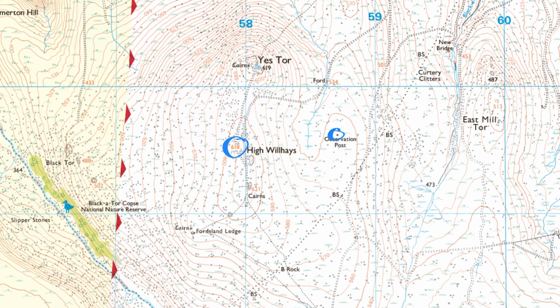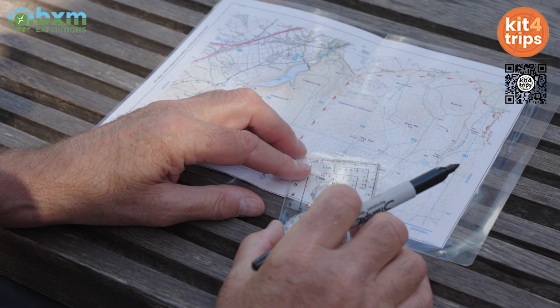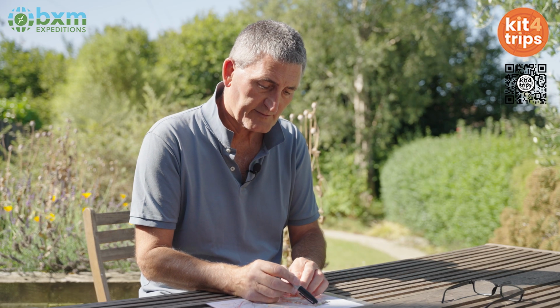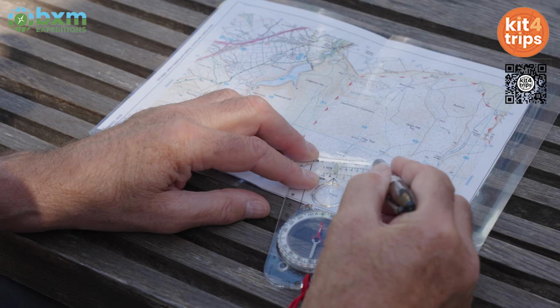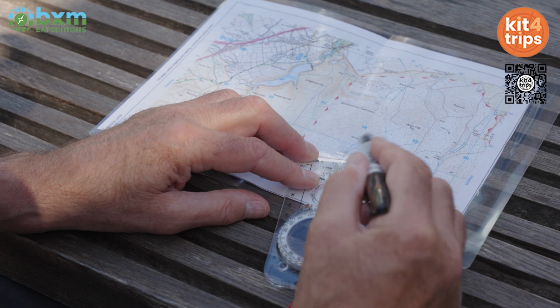Now if I look at it, I'm estimating it is about 3/4 of a square between the two, which is about 750 metres. If I want to use a Romer scale, I put the corner of the scale on the map and count along how many segments, and I've got 2, 4, 6, halfway to 8, which makes 700 metres.